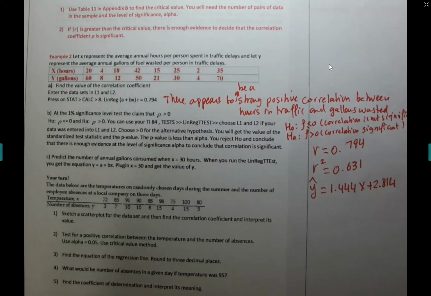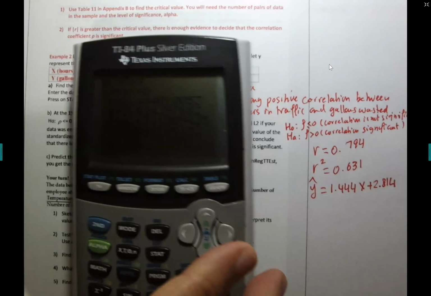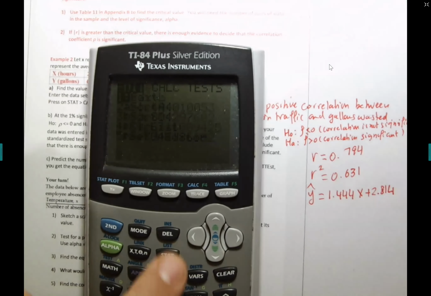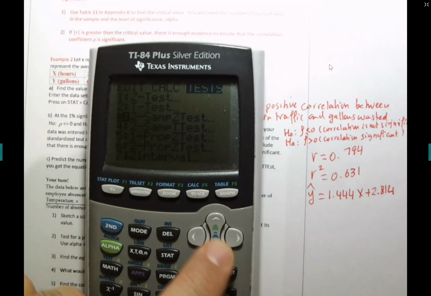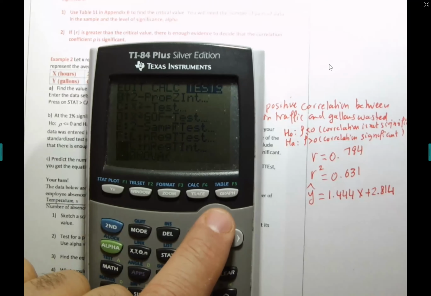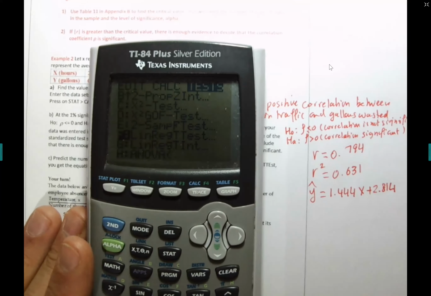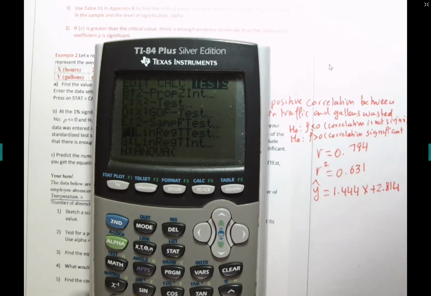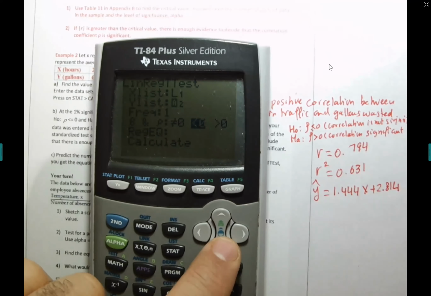And let's run the test. Stat, Tests. Oops, I'm going to scroll up. Linear regression t-test. Watch, guys. L1 is there, L2 is there, frequency, don't touch, and we need greater than 0. You agree with me?